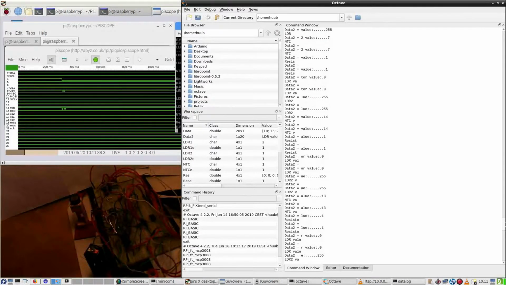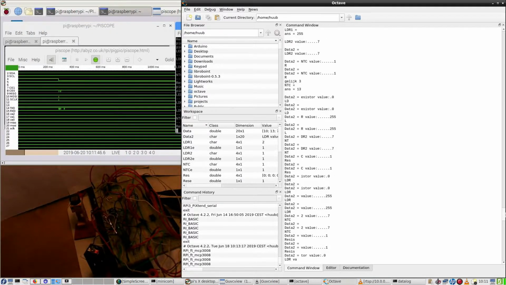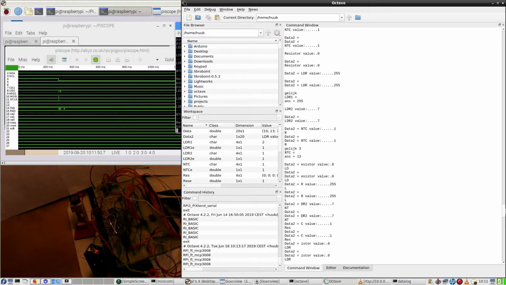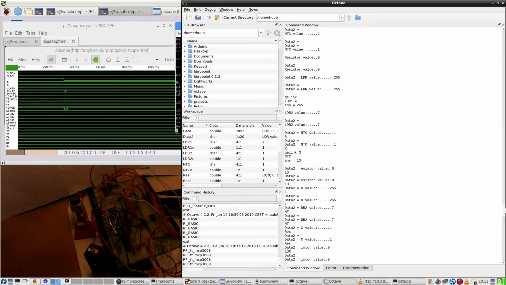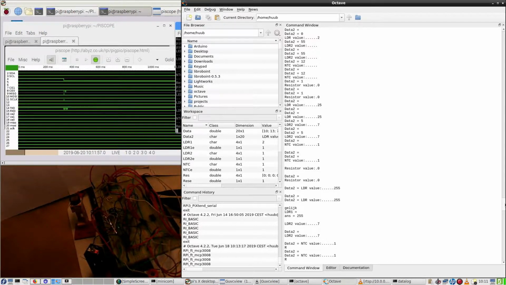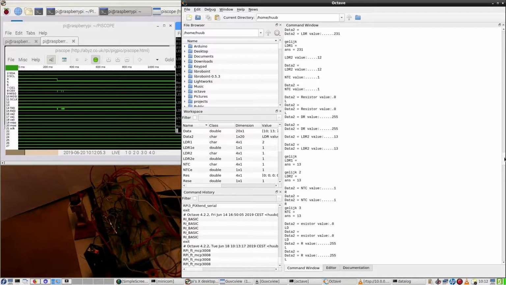Now that is curious. I see a lot of data too. Okay, here NTC value. That's good. Here I see LDR1 is. That's good. LDR2 is 13.